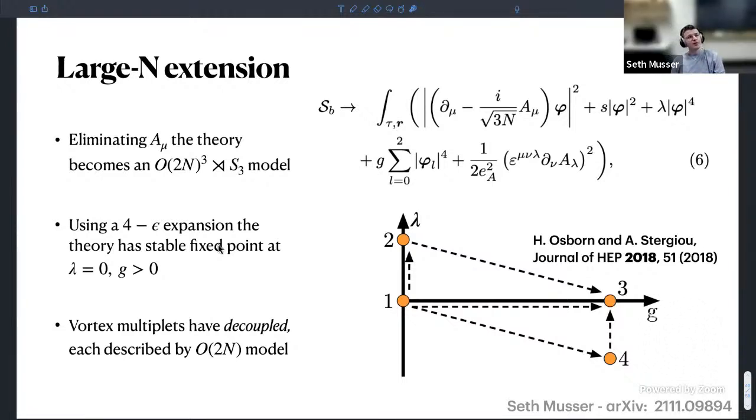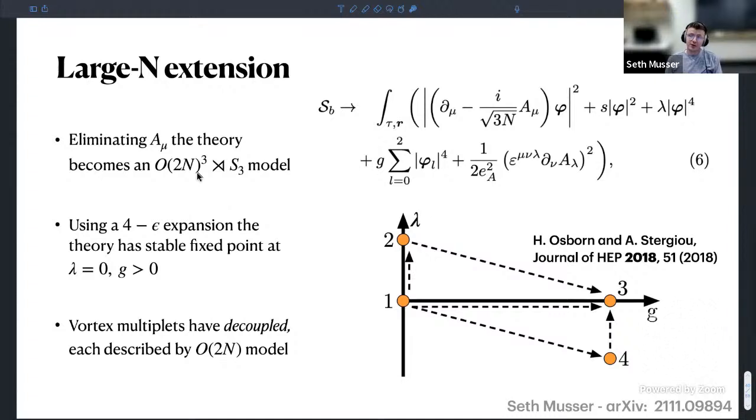So when Osborn and Stergiou were doing this, they were looking at generic forms of quartic couplings, and I think there's some subtlety with making sure that you don't flow away from an O(N)^3 S3 model. But yeah, I should check that. Are you saying you cannot just take the saddle point theory of n equals infinity and look at 1/n corrections? Yeah, so right.